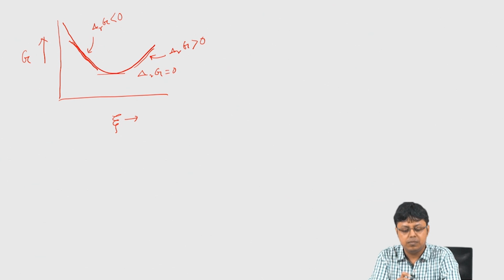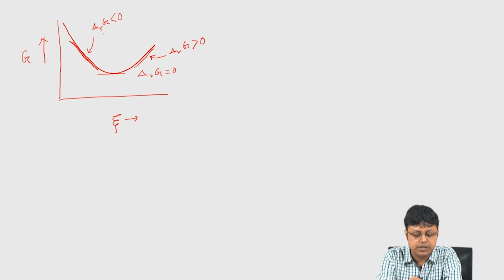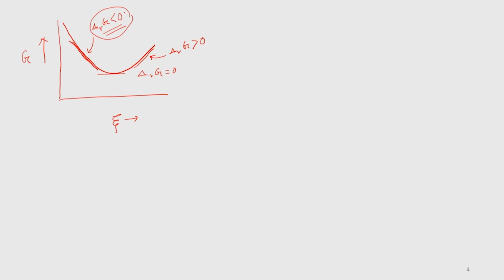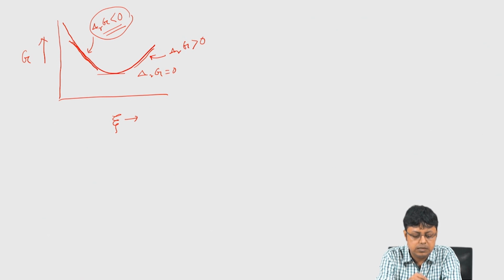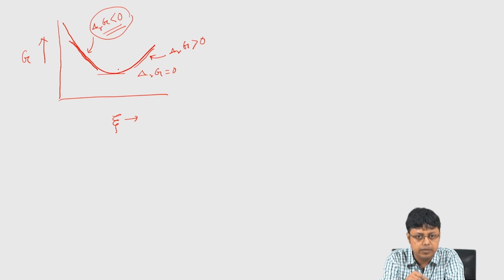If the forward reaction is spontaneous, then reactant minus product will be negative, and the reaction Gibbs free energy will have a negative slope, which means the reaction is proceeding in the forward direction. However, if the reaction Gibbs free energy is positive, which means product minus reactant is positive, the reaction will go in the opposite direction.